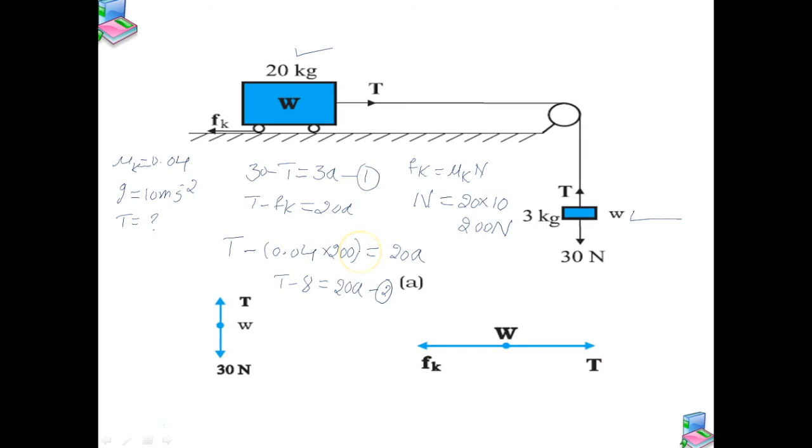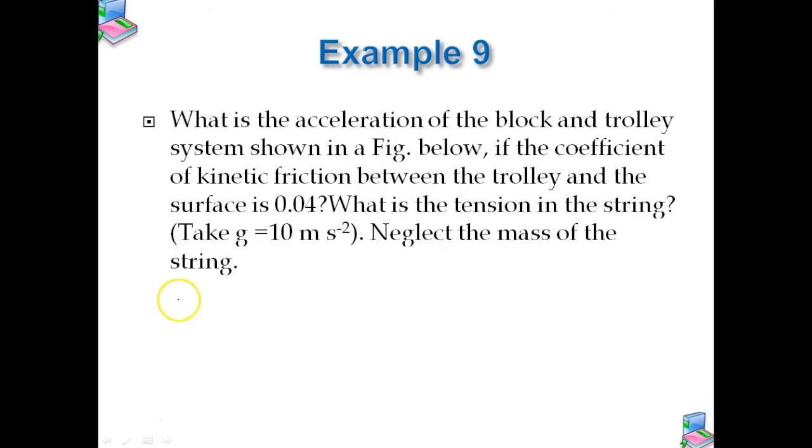So we got these two equations, and using them we can find the value of a as well as T. The first equation was 30 minus T is equal to 3a, and the second equation is T minus 8 is equal to 20a.